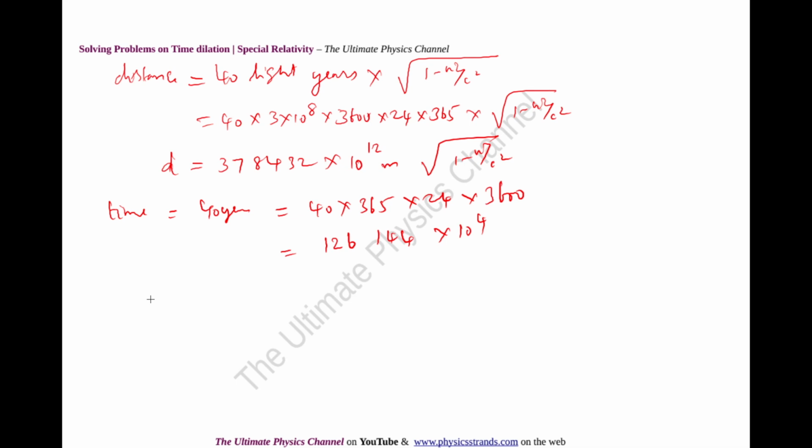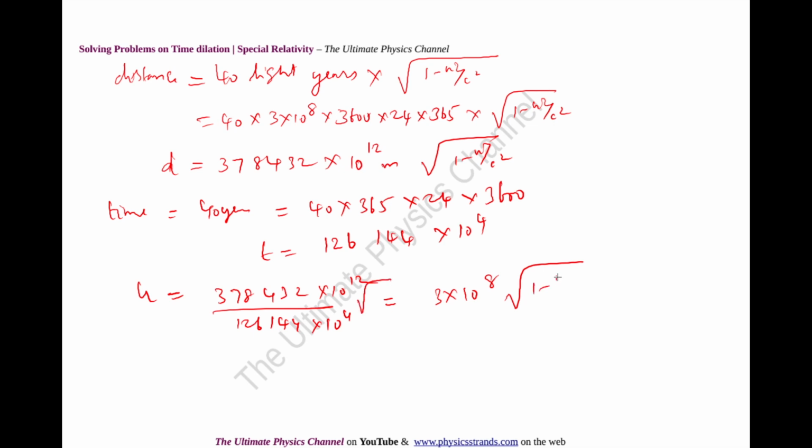So the velocity u is equal to these two numbers, distance over time. So it is 378,432 into 10 power 12 over 126,144 into 10 power 4. The numerator now gets 3 into 10 power 8. This is the number you would get, times, of course, the square root here also. So you get 1 minus u squared over c squared here as well.